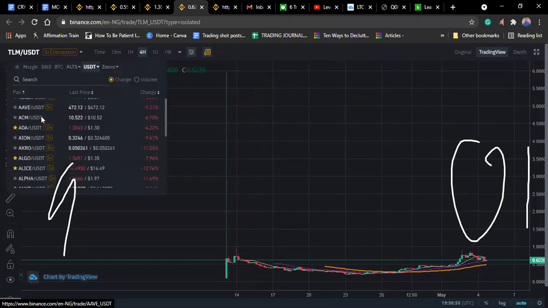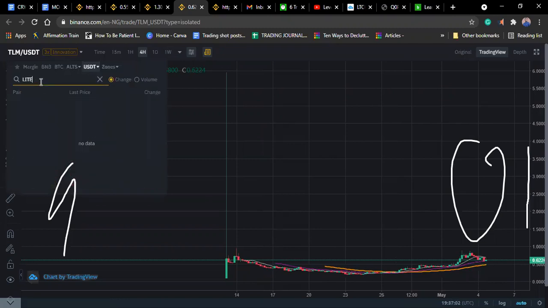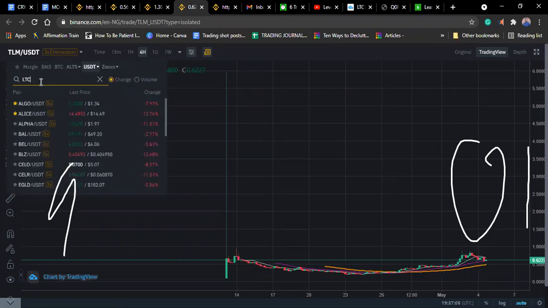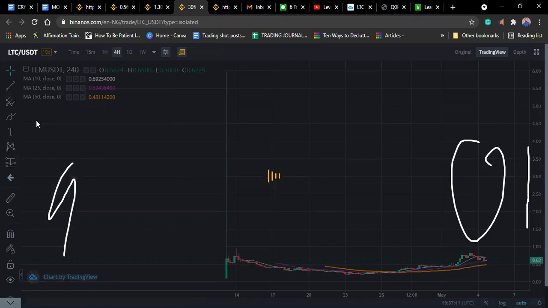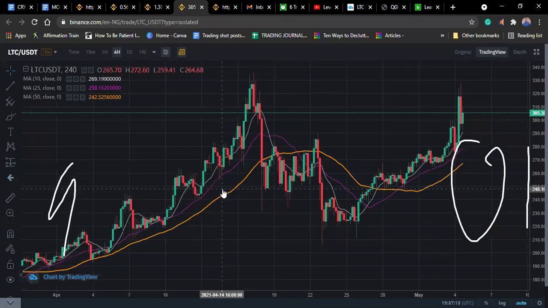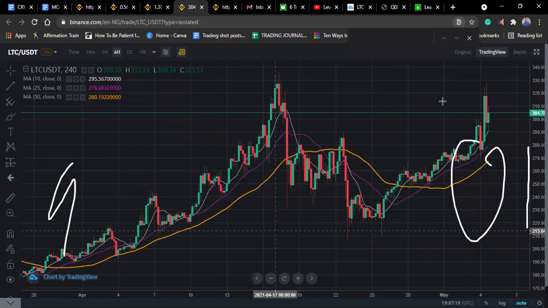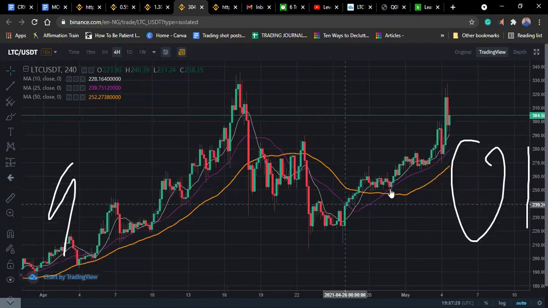Okay, let me look at the same Litecoin we're looking at. Okay, now this is the same Litecoin I was looking at, but now I'm looking at it on Binance. Here you can do the same analysis.